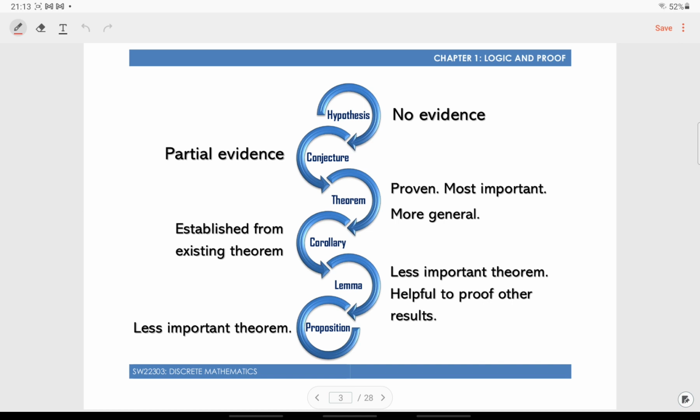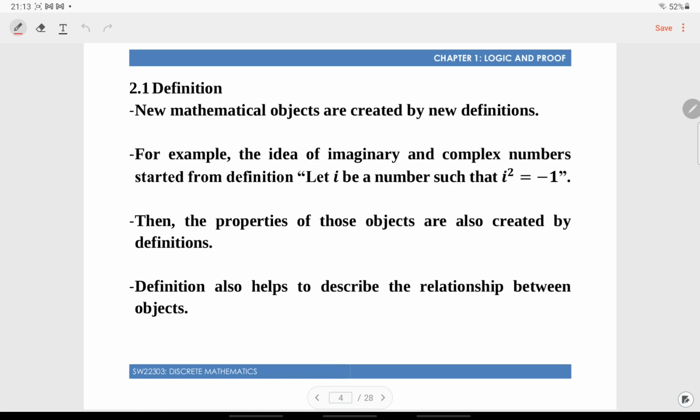Then we have a less important theorem, which we call a lemma. A lemma is helpful to prove other results and can also be used to prove a theorem. Finally, we have the proposition, which is another statement that is proven to be true but is less important than a theorem, and it is not used to prove any other result. So we call it a proposition.